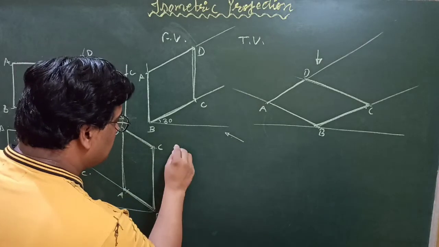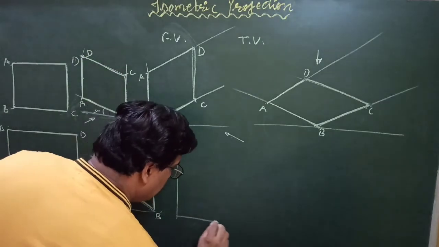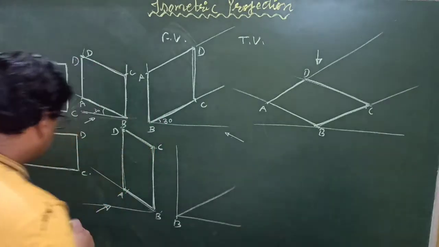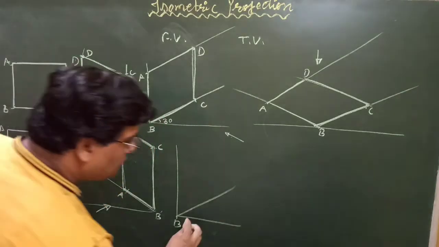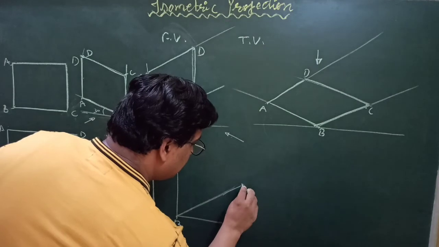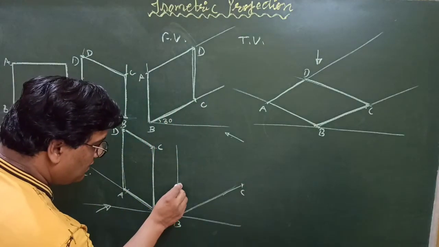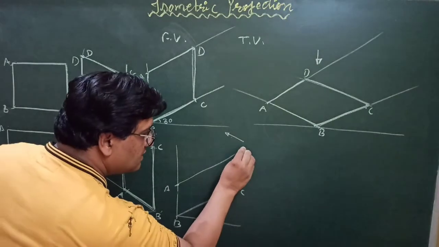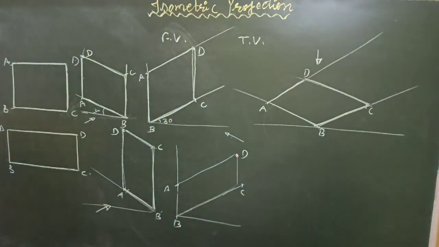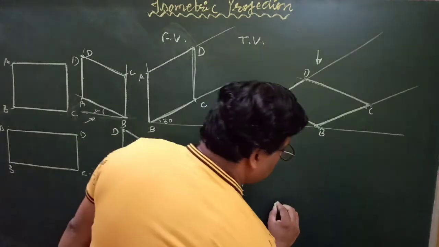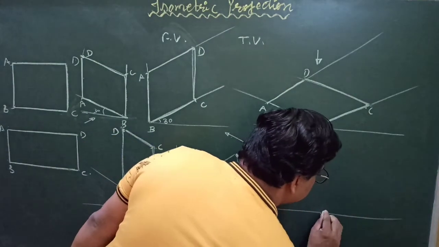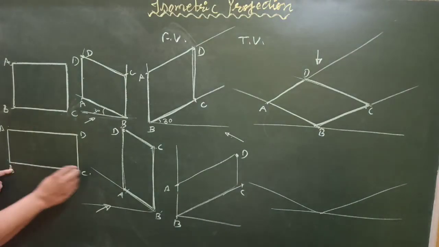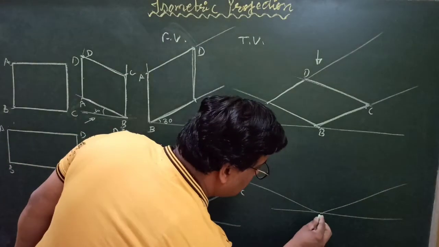For right side view, the reverse of that is like this. So take B to C on this line, take B to A from here, and then parallel lines, so as to get D. For top view, you have to take two lines at an angle of 30 degrees, cut B to C and B to A by taking distances from here.